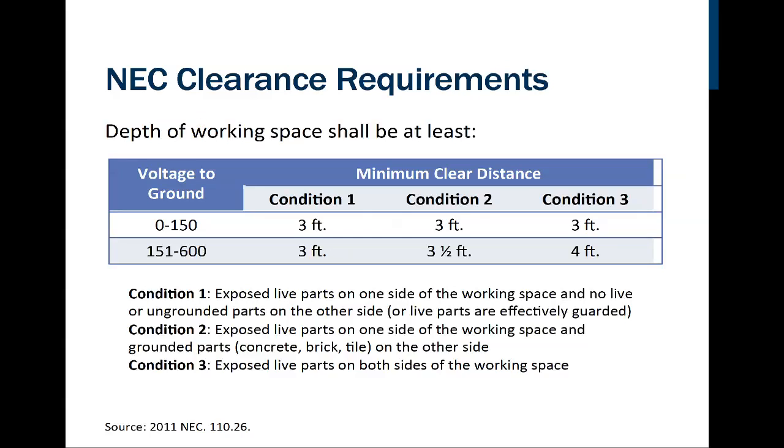But when we start getting to higher voltages, which we will in many cases, if we're putting in a big turbine, then once we get to condition 2, which tells us that there are live parts on one side of the space and grounded on the other side, or live parts on both sides of the space, you can see that we have increasing distances required.